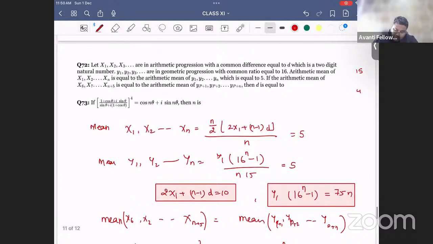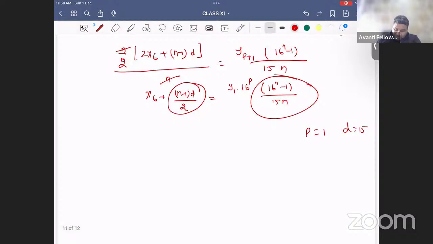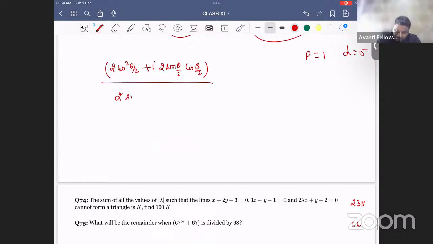Got it? Now (1 plus cos theta plus iota sin theta) upon (1 plus cos theta plus iota times sin theta) is this, then n is what? See, 1 plus cos theta is 2 cos square theta by 2 plus iota times 2 sin theta by 2 cos theta by 2, divided by sin theta, that means 2 sin theta by 2 cos theta by 2 plus iota times 2 cos square theta by 2, whole to the power 4.